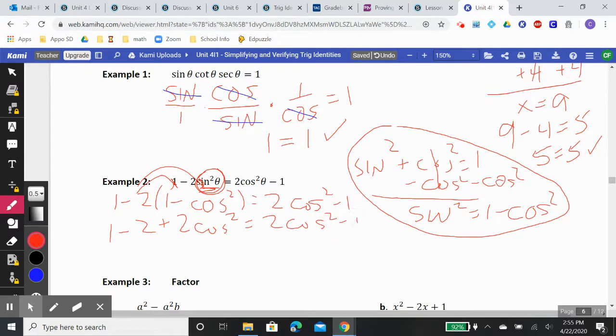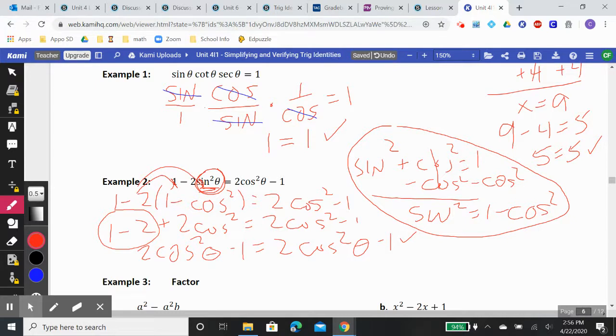And here's your chess move thinking: great, now I have cosine squareds on both sides, with the 2 in front. So the only thing I need to simplify is that. What is 1 minus 2? It's negative 1. So I'm just going to rewrite this as 2 cosine squared theta minus 1 equals 2 cosine squared theta minus 1. Check. So we did it.